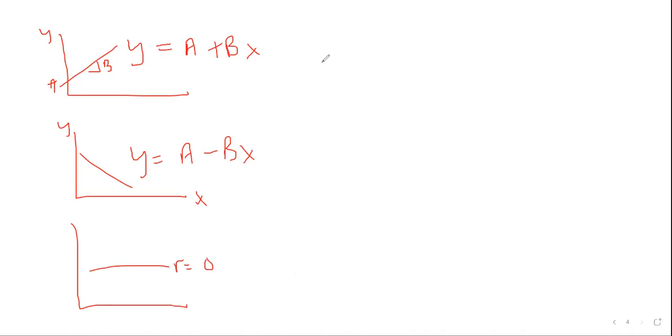Now, R stands for the coefficient of correlation. The coefficient of correlation can tell you whether the relationship is negative or positive. Here R is positive because it's upsloping. Here R is negative because it's downsloping. Here there's no relationship at all.